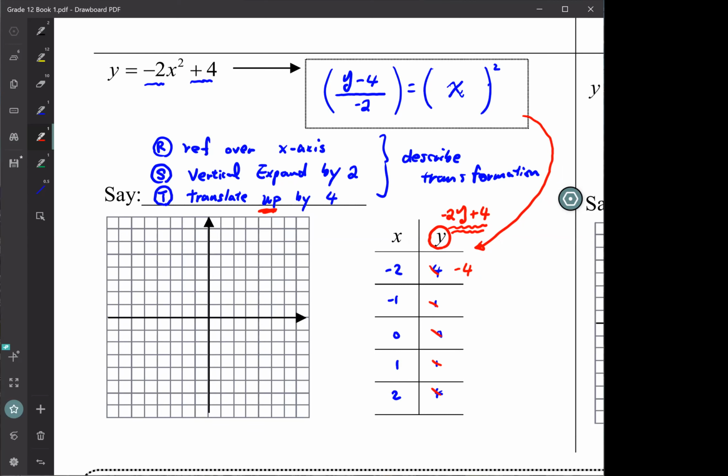Raise your hand if you finish both the table and the graph. Okay, Samantha, do you have the y values? Do you have the second one?